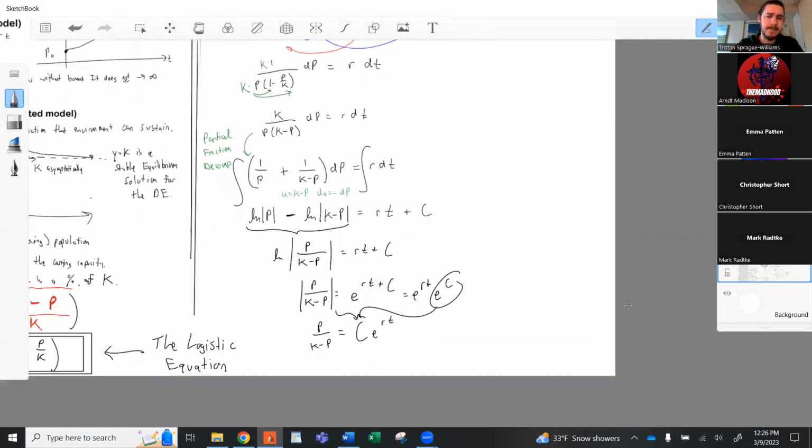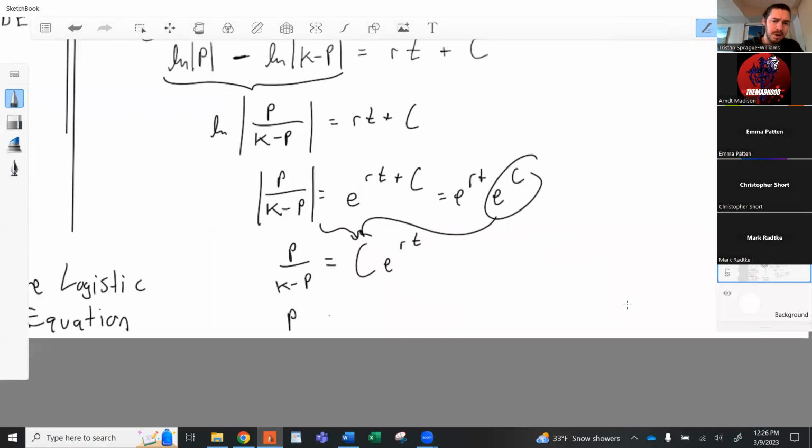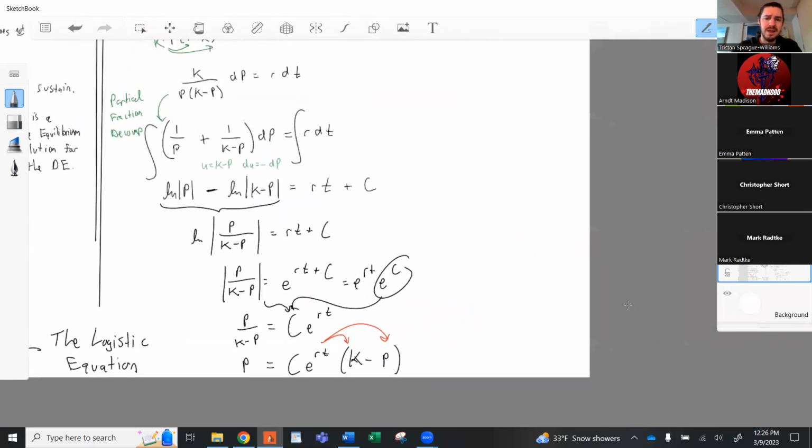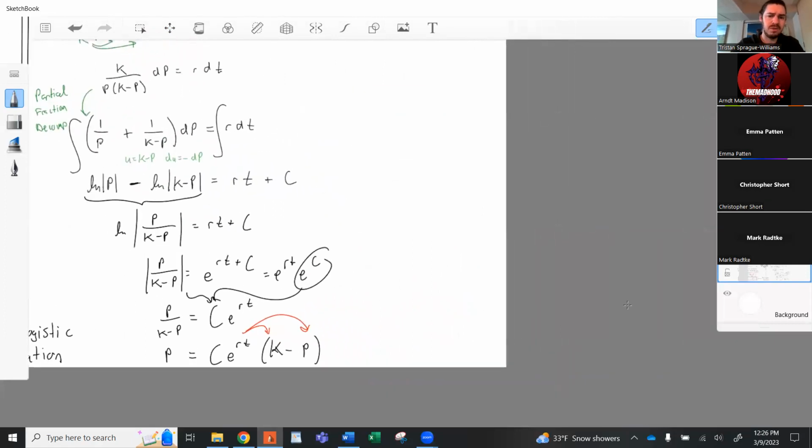Here's what we're going to do. We're going to multiply both sides by k minus p. Then we're going to distribute, move the p term back over to combine with the other p term, factor out a p, and divide. So here's what it's going to look like. This is just regular linear equation solving at this point.